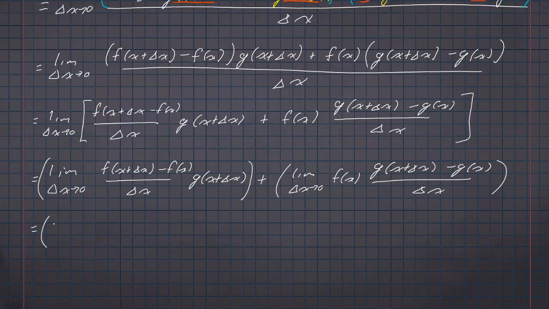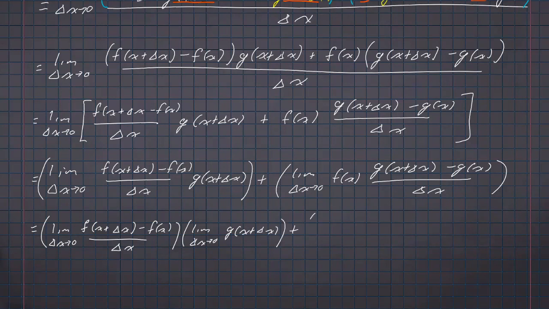Right, we can split this up further as the limit as delta x goes to 0 of f of x plus delta x minus f of x all over delta x, times the limit as delta x goes to 0 of g of x plus delta x, plus the limit as delta x goes to 0 of f of x times the limit as delta x goes to 0 of g of x plus delta x minus g of x all over delta x.